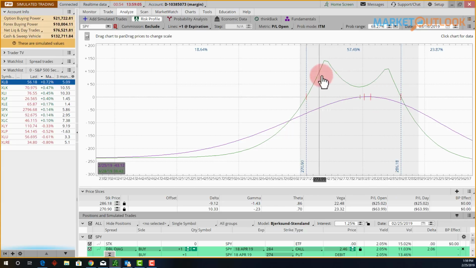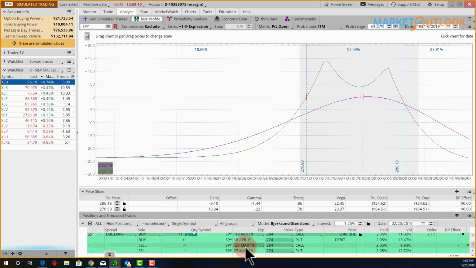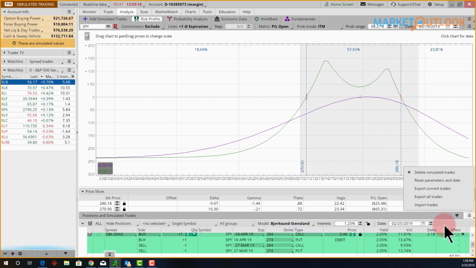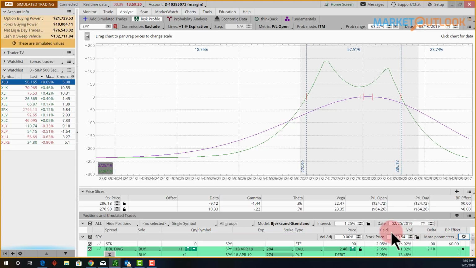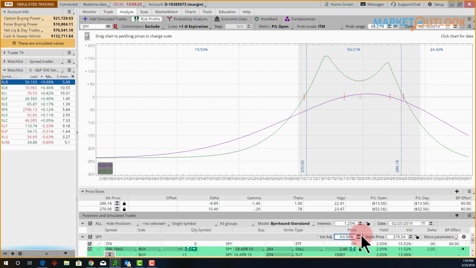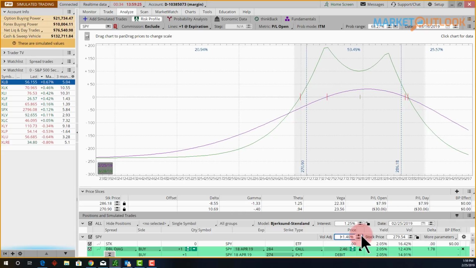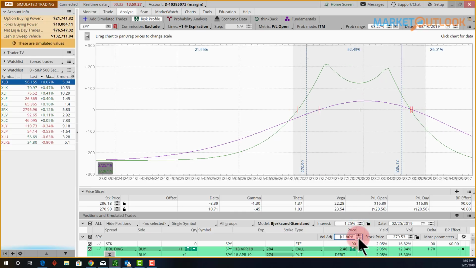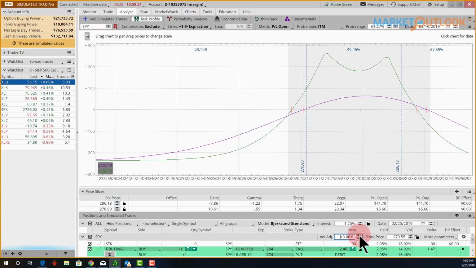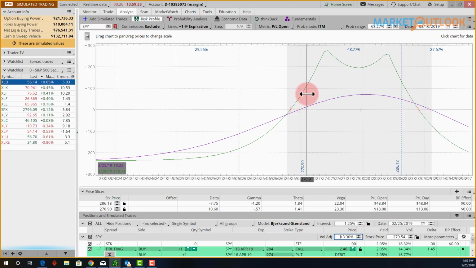This is more of the area that we might be trading in by the time March expiration comes around, at least by the end of the month, which is where these weekly options expire. And you can see if volatility does rise by the end of the month, if this is a bullish month in terms of volatility, look at the impact it has here on the long, my break-even points to the downside, as well as my maximum gain if we were to trade down in this 270 area, 270 to 272, and then maybe even bounce up to 275.